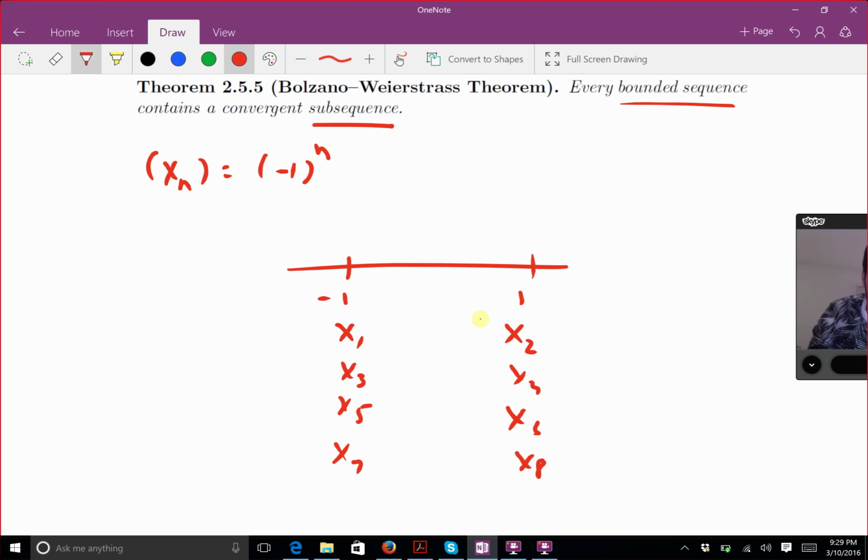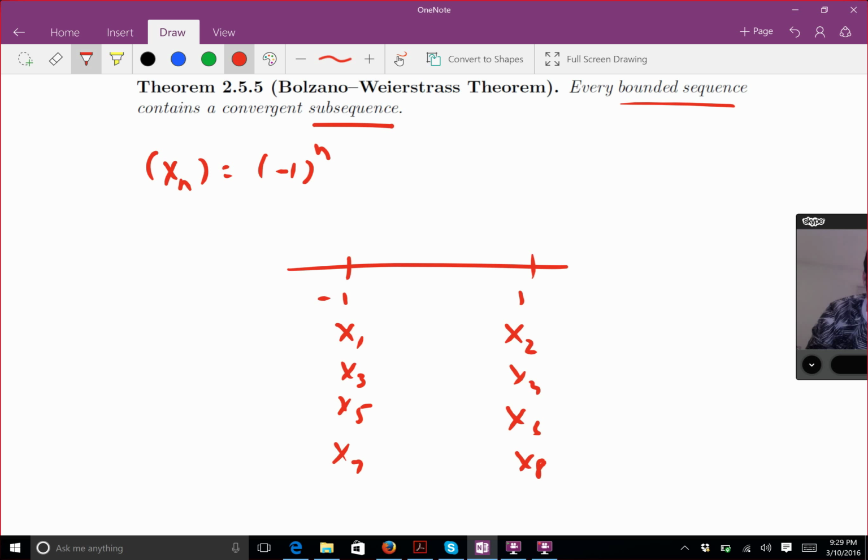Is there a convergent subsequence? Is there a part of this sequence that's also a sequence that converges? I want to claim that because it's bounded, it should converge. Well, the sequence won't converge. We know for a fact this sequence does not converge.